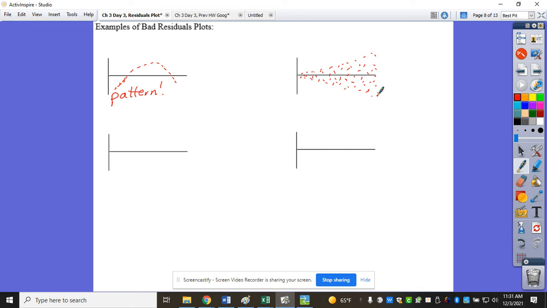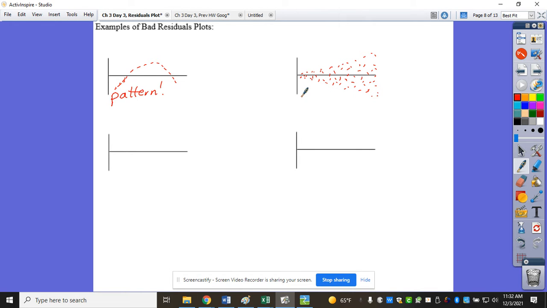Where did I do good with my prediction? Here. Where did I do bad? Here, right? So with small x values, I did a really good job. But as my x values got bigger, I did worse. That's not good.